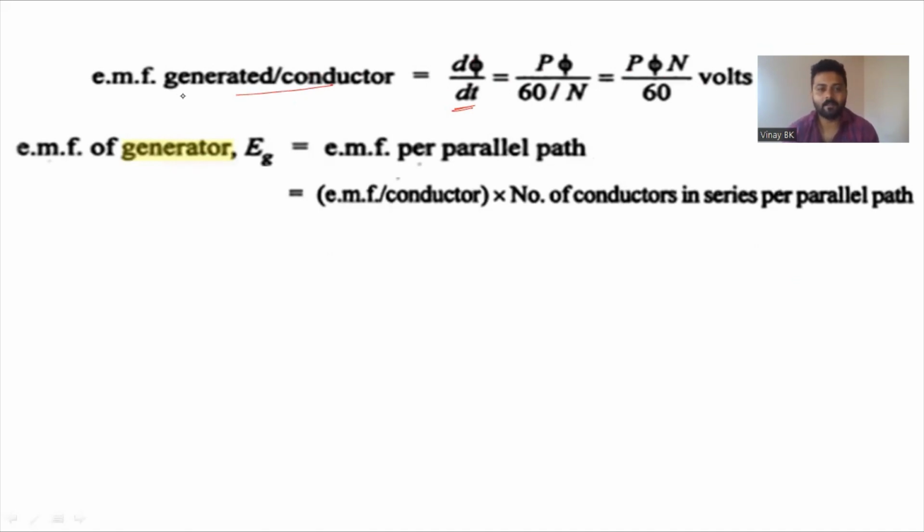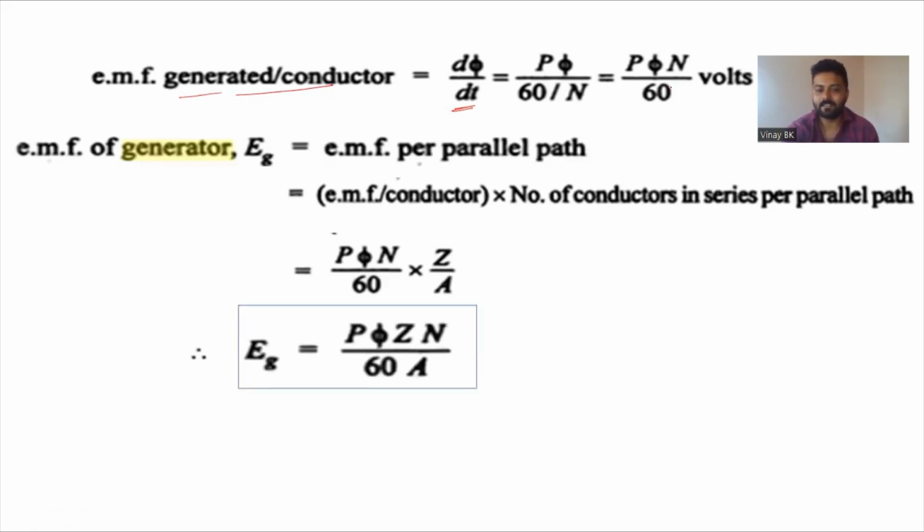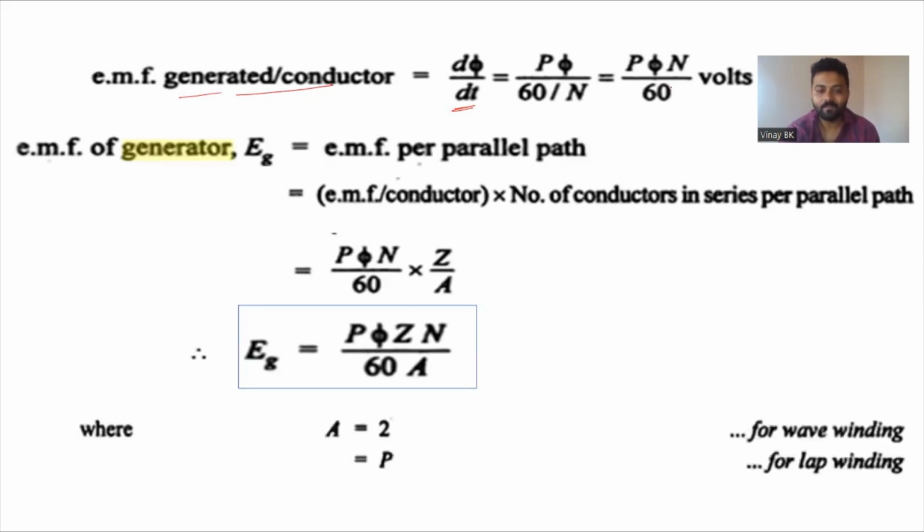Z per parallel path becomes Z divided by A. So EMF generated is P phi N by 60 into Z by A. Writing it here, EG equals phi Z N P by 60A, whereas A equals P for lap winding and A equals 2 for wave winding.